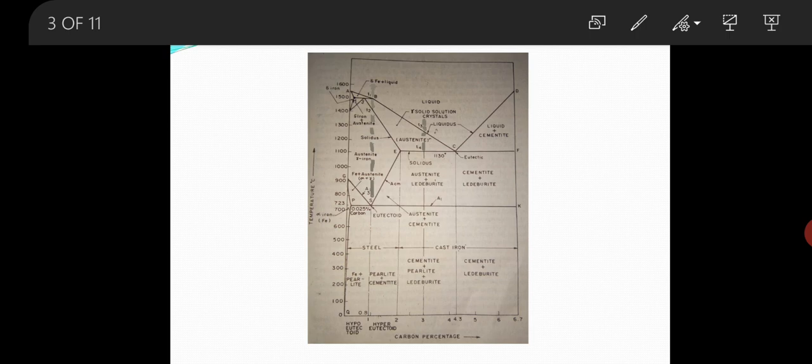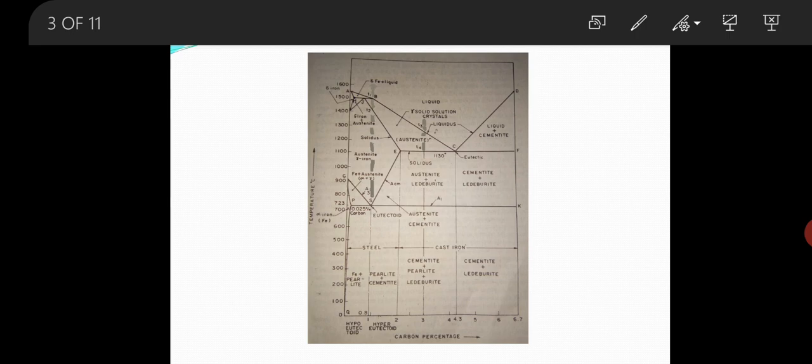Below this line, the phase is solid. Only certain structure changes occur, but the phase is solid. That is why this line is known as the solidus line. From the liquidus line, solid formation starts, and on the solidus line, solid formation completes.